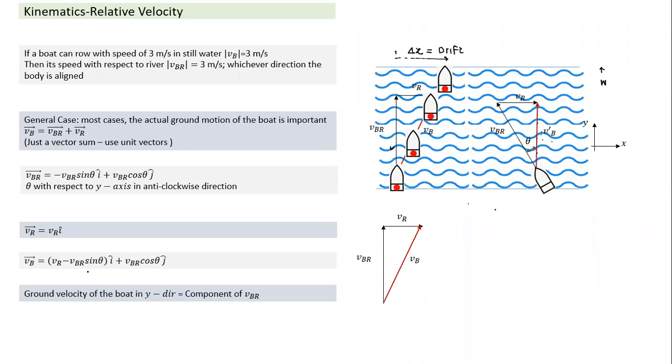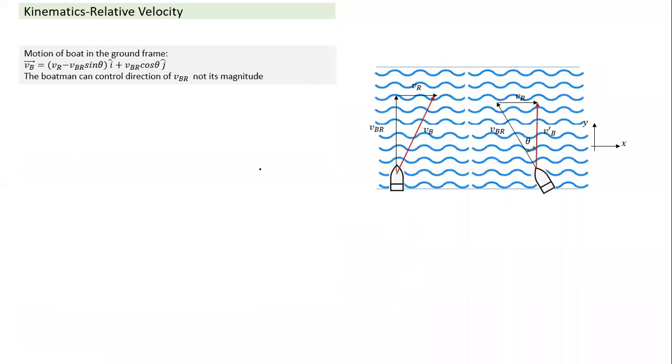It will not reach exactly the opposite point. It will end up on the downstream side by a distance delta x, which is the drift. We'll come to drift also. The important points here are: what time it will take to cross the river, and which position on the opposite bank it will end up at. Let's analyze those two.